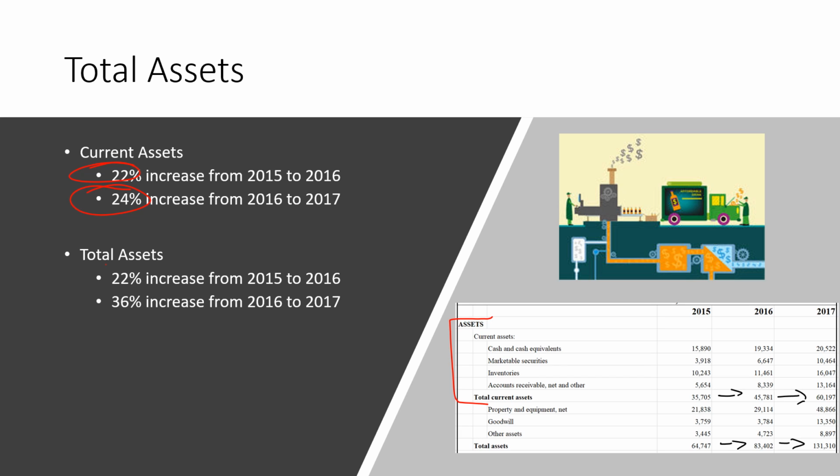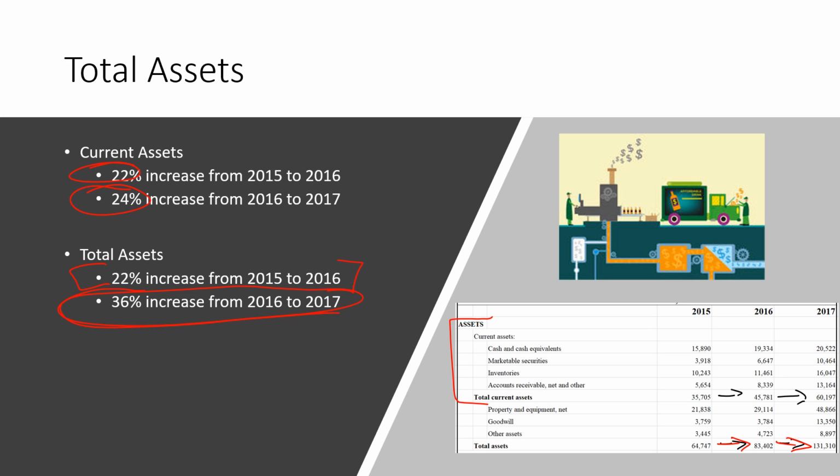But then this part right here shows that it's on par with the current assets, as in the increase from 2015 to 2016, but then 2016 to 2017 showed a 36% increase.